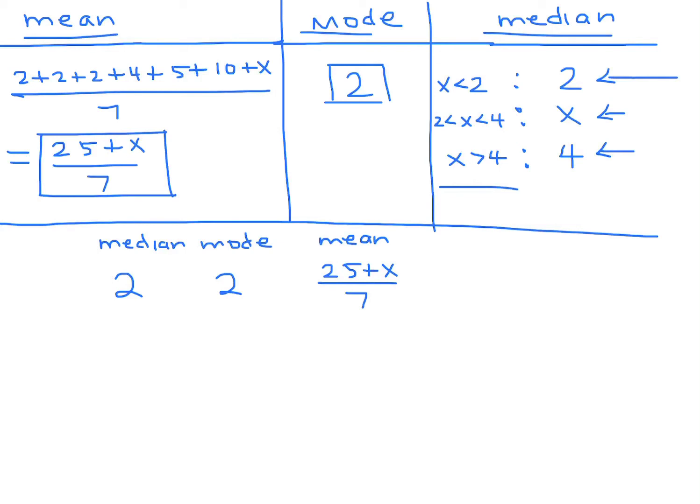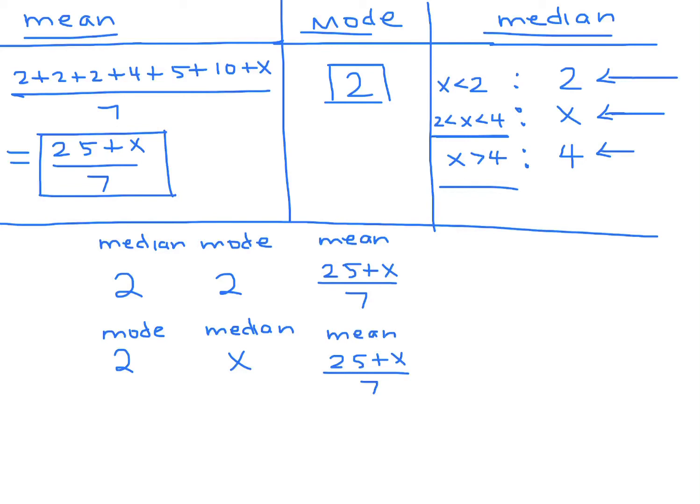And then how about the next one, when you have the median as x? Well, x is between 2 and 4, so it's greater than 2. So in increasing order, it would be 2 for the mode, and then the median, right? Because x is greater than 2. And then the mean. The mean is 25 plus x over 7.